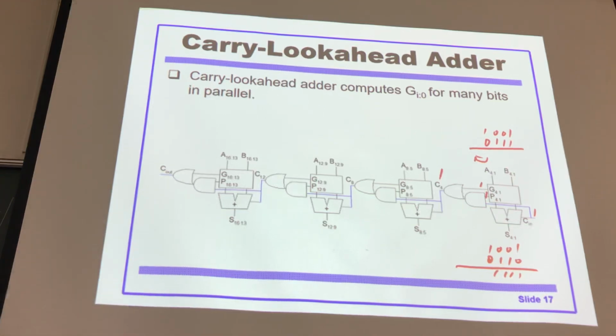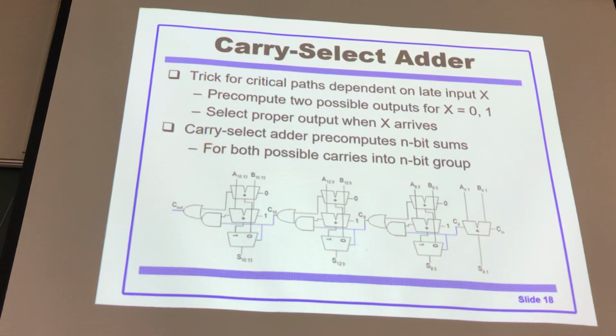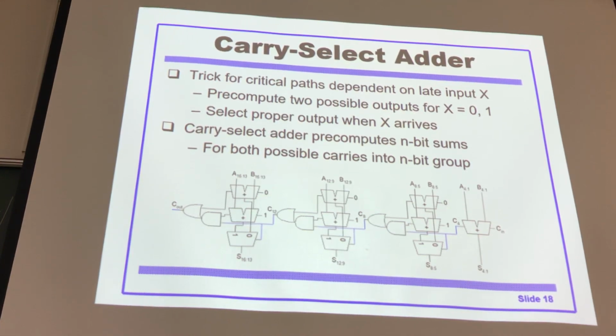See the next version. The next version is called carry select adder. Carry select adder is a trick for the critical path dependent on carry input x. We pre-compute two possible outputs for x equal to 0 or 1.